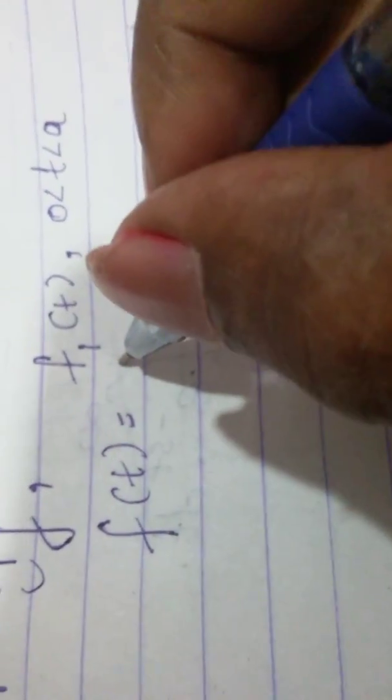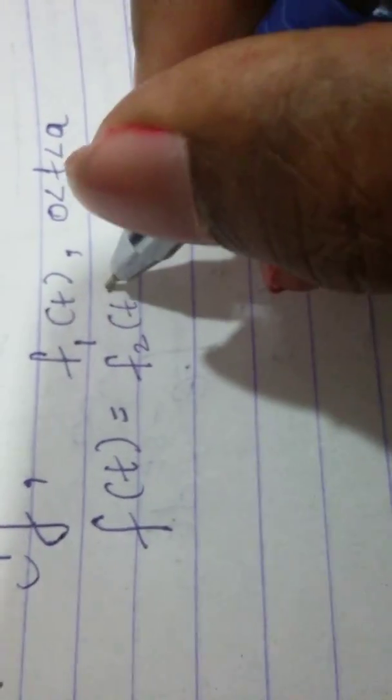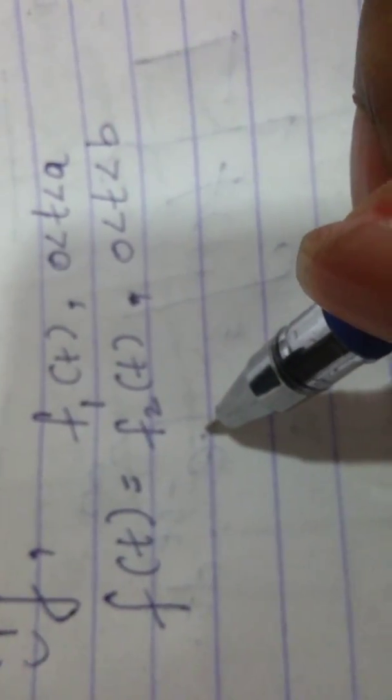Find L of f(t) if f(t) is equal to f1(t), 0 less than t less than a; next line, f2(t), 0 less than t less than b; next line, f3(t), t greater than b.